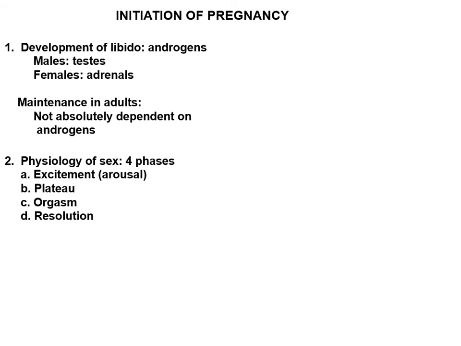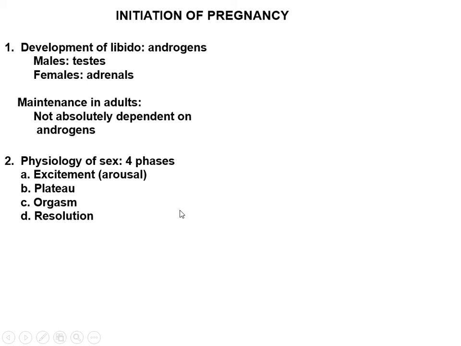If we move on to the sexual act, despite the anatomical and behavioral differences between males and females, the underlying physiological events are fairly similar in the two. And it can be divided into four stages: excitement or arousal, plateau, orgasm, and resolution.